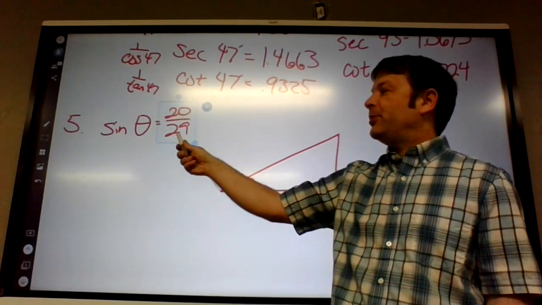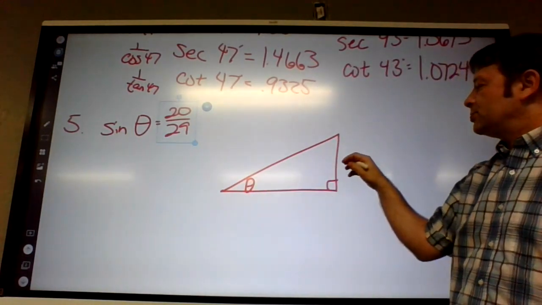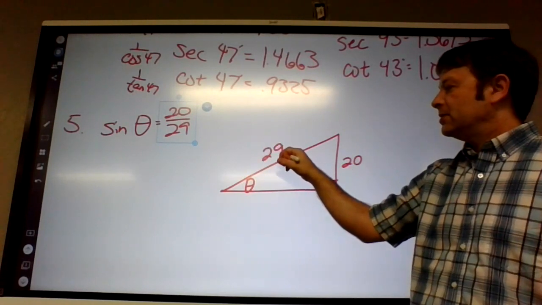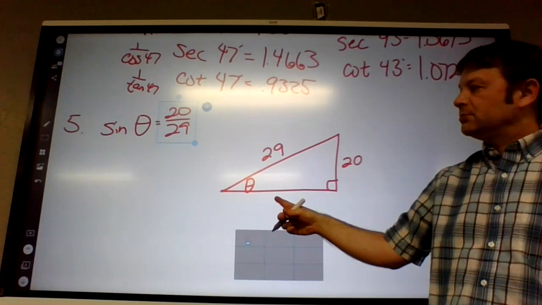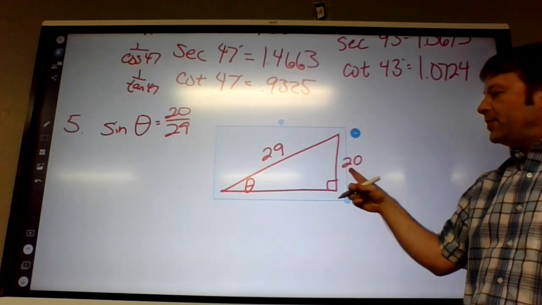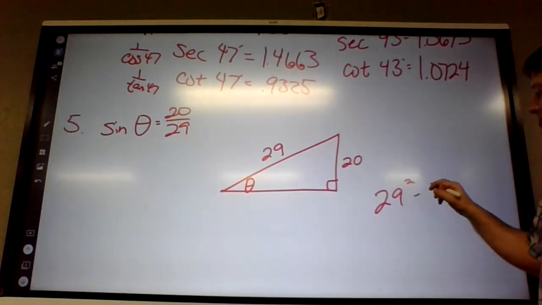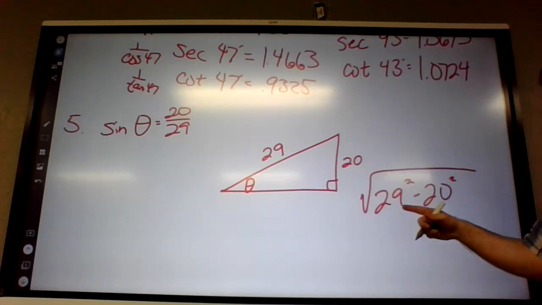Opposite and hypotenuse, because this is sine. So the opposite is 20, the hypotenuse is 29. And how can I find the missing guy right here? Pythagorean, but it's kind of reversed, right? It'd be 29 squared minus 20 squared equals that, then whatever the square root of that is.